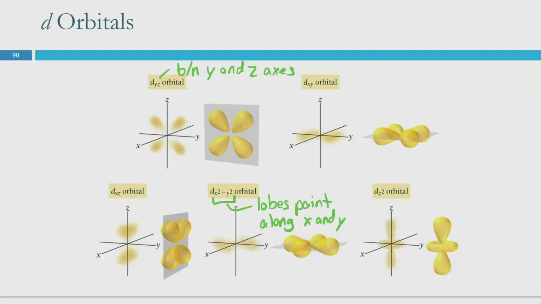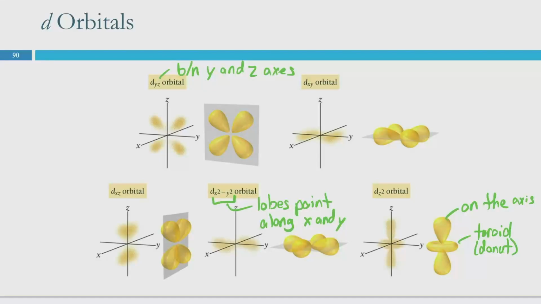And then dz squared has one lobe that's on the z-axis plus the toroid, which is our math word for donut. For whatever reason, that's the shape that it has.